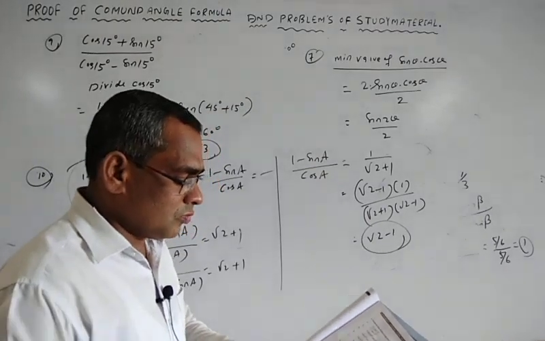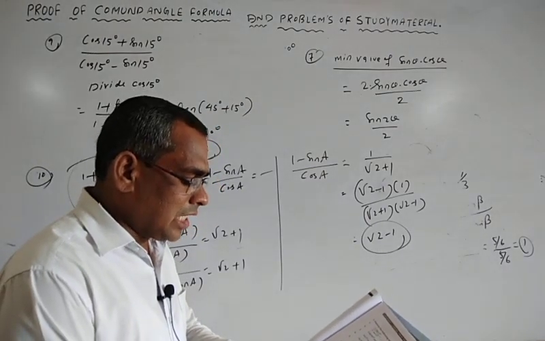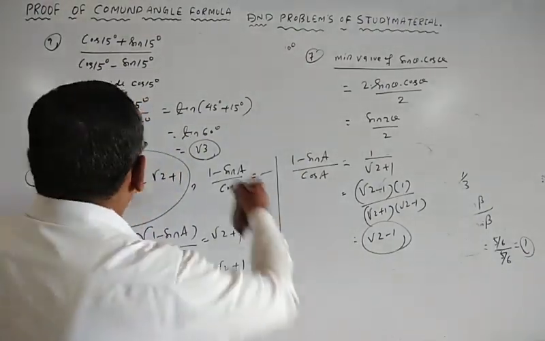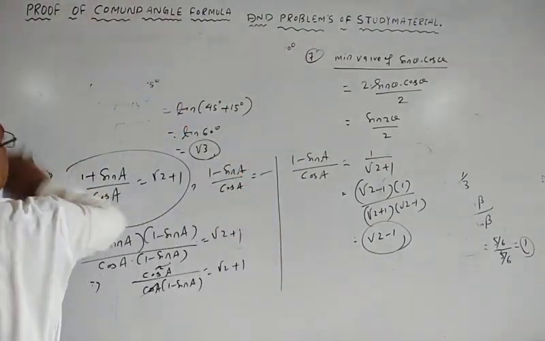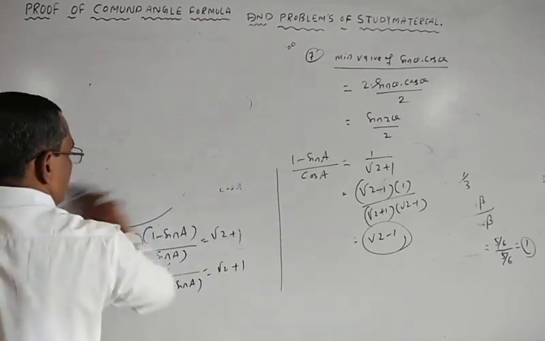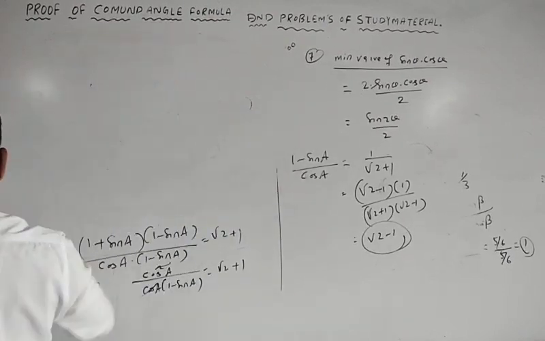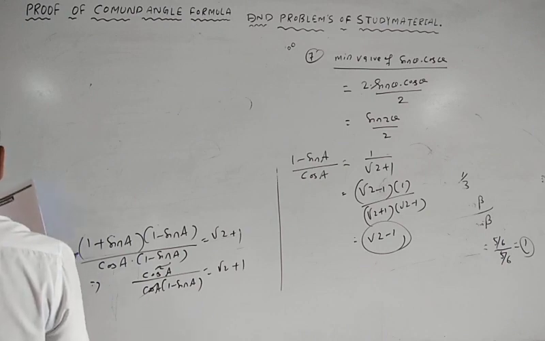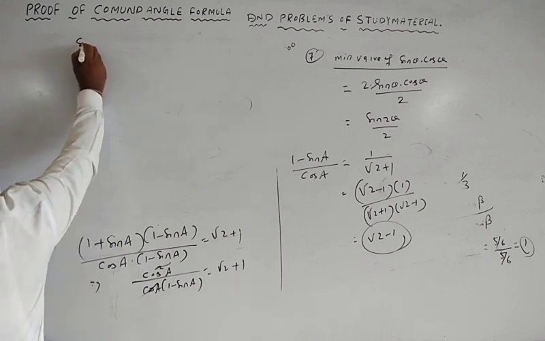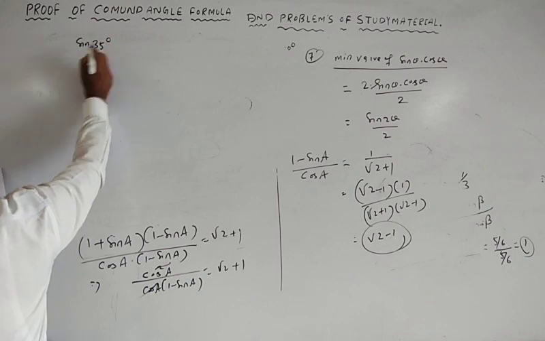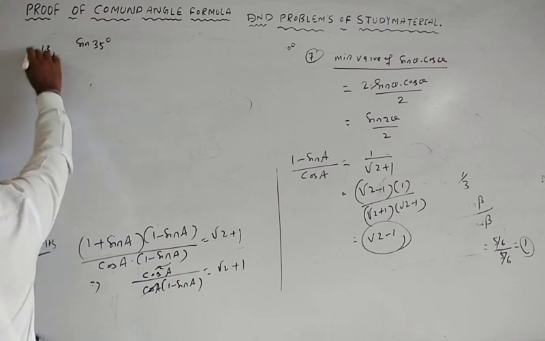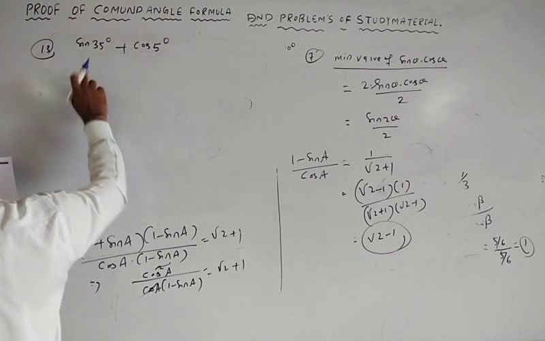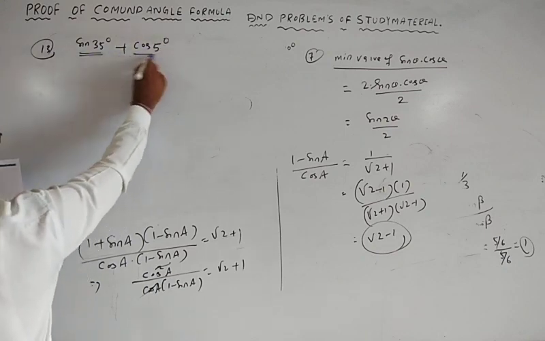So next, sin 35 degree plus cos 5 degree. How can you calculate sin 35 degree plus cos 5 degree? Look, one term is sin 35, the second term is cos 5.